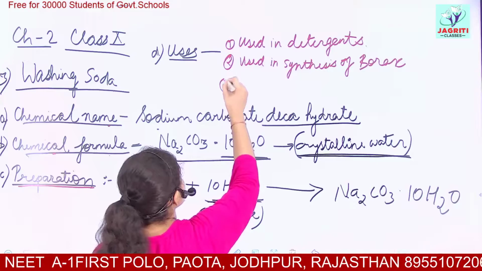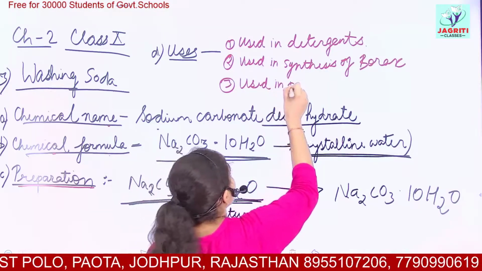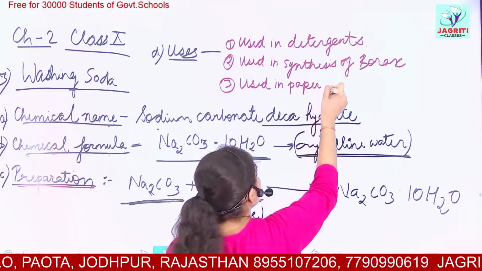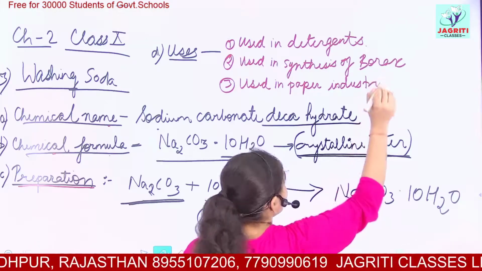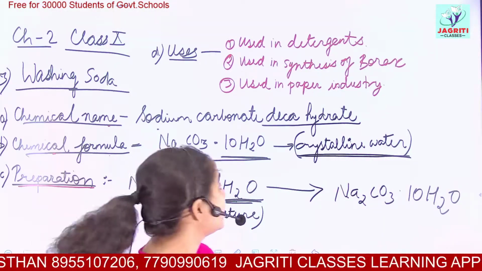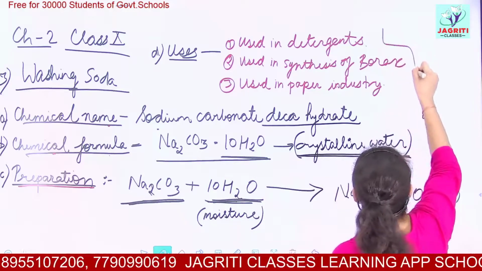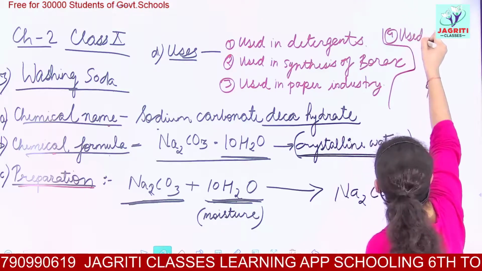Next use is, this washing soda is used in paper industry. It is very useful in paper industry. It gives you a shine or a white color to the paper. The fourth use comes, it is also used in glass making industry.